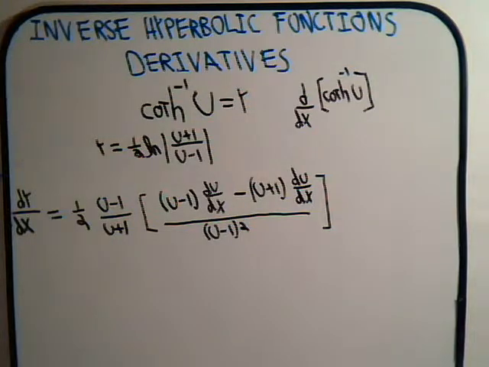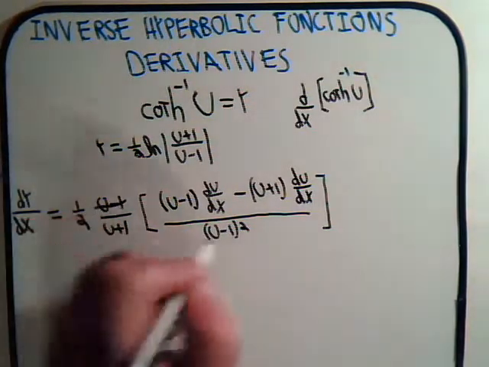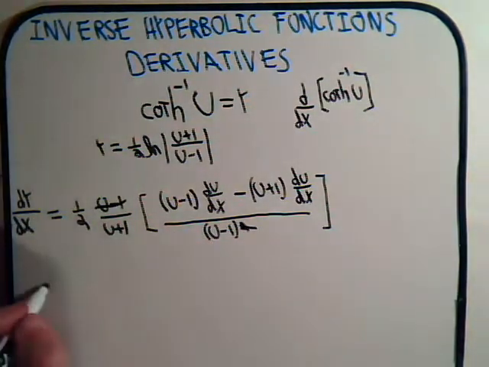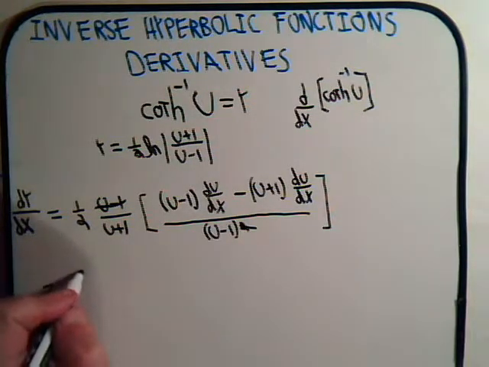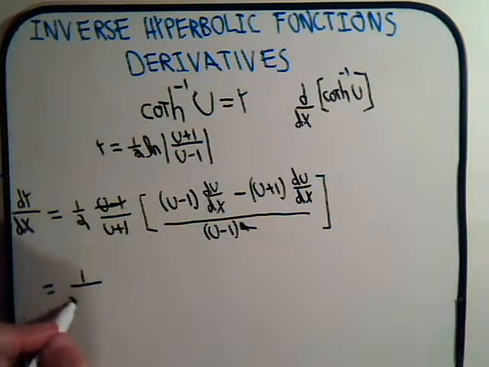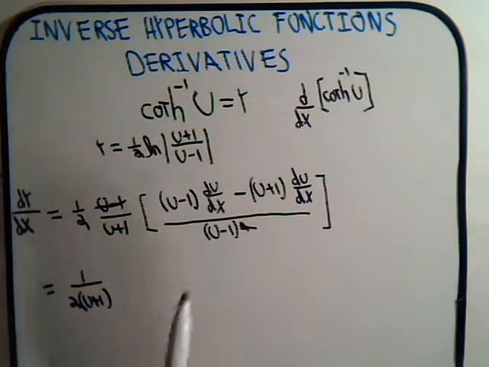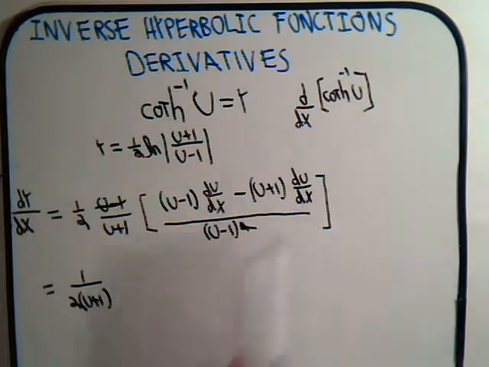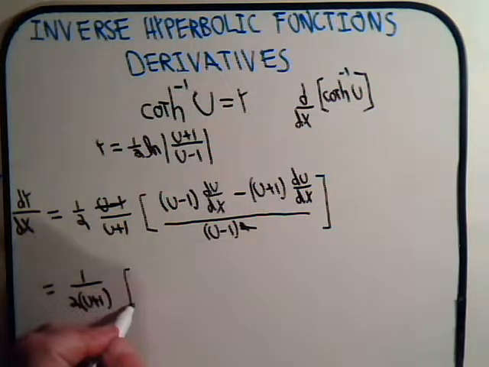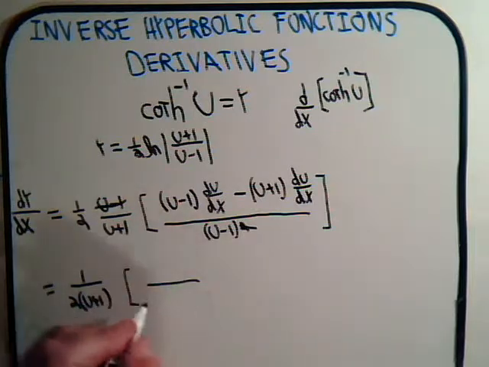So let's see. I guess we might as well do the cancellations now. So this will equal 1 over 2 times (u plus 1). And then we'll factor out this du/dx. This is over u minus 1.